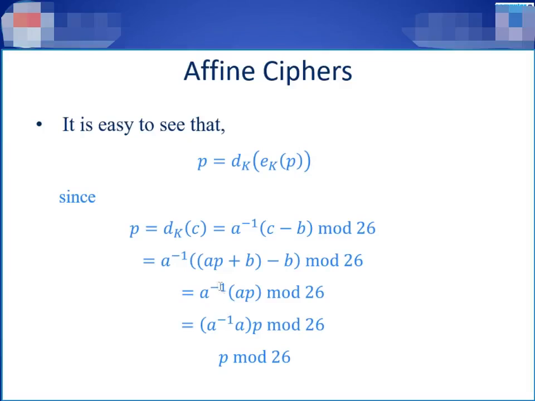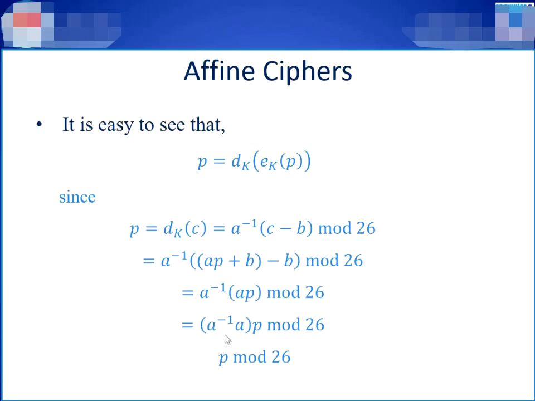So this term, the multiplicative inverse, should be a unique number. When multiplied by A, it should give us 1. Therefore, this element A to the power minus 1 is called the multiplicative inverse of the element A. So, why are we left with the plaintext only? Because we have this part in this expression as well.